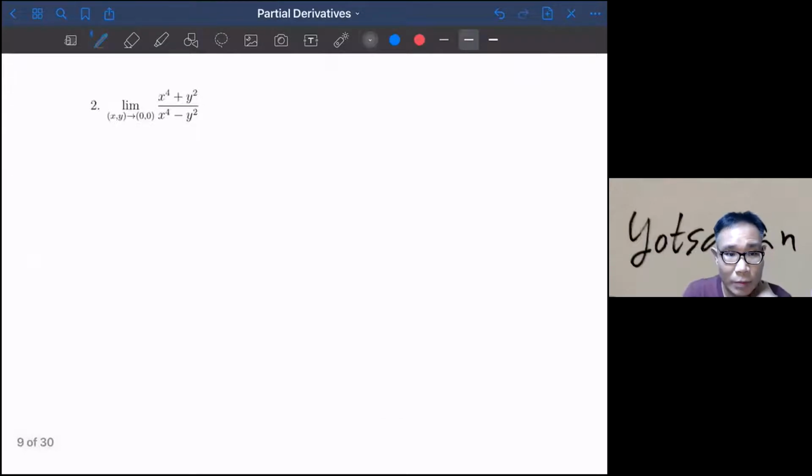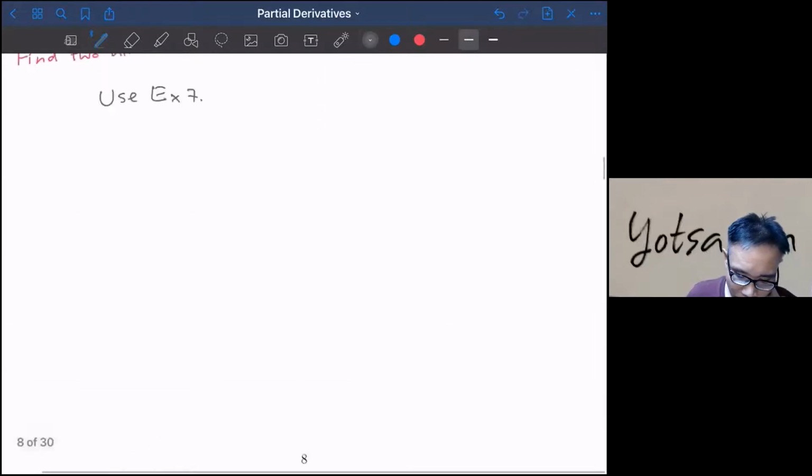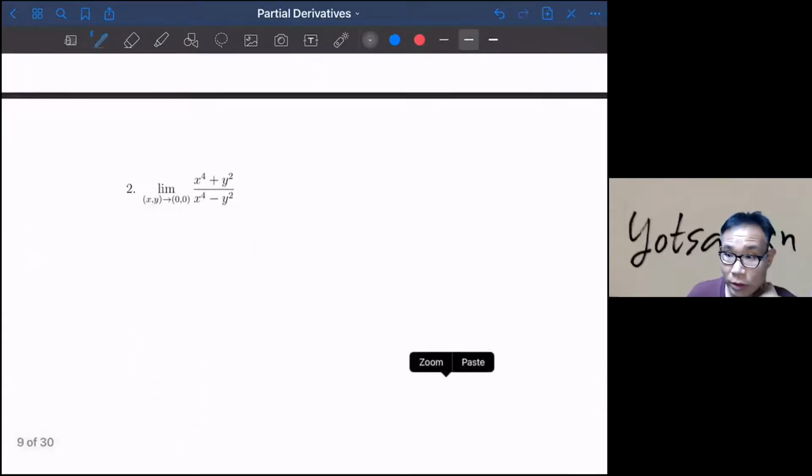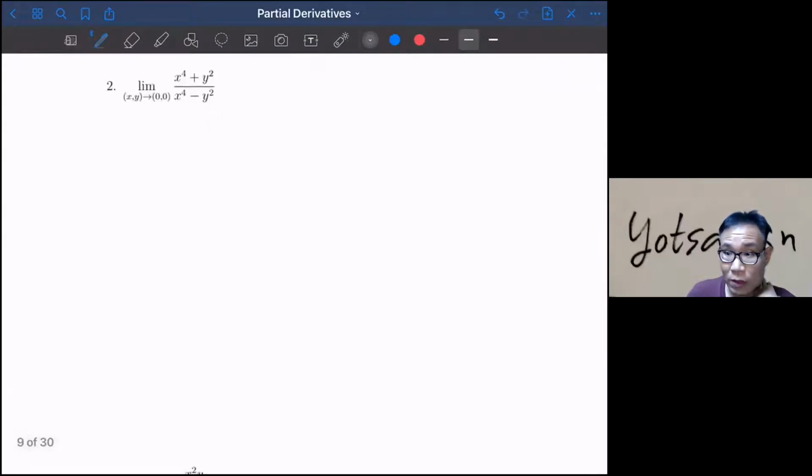Let's try number 2. So we have the limit as (x, y) goes to (0, 0) of (x to the fourth plus y squared) over (x to the fourth minus y squared). For this one, you're gonna find two directions that give different limits. We're just gonna use the basic ones, like the x-axis and the y-axis.